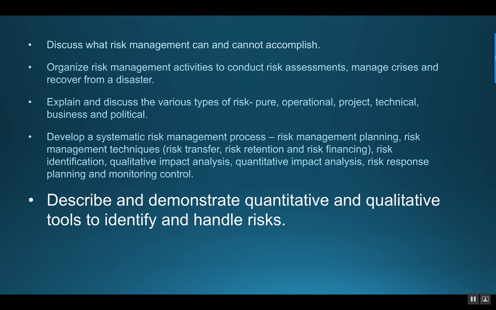One of our last core goals is to describe and demonstrate quantitative and qualitative tools that will help us identify and prepare for risks. Some of the qualitative approaches include brainstorming as an organization, meeting with various leaders, and talking about identifying the different risks that could impact the organization. Once you identify a risk, you need to describe it and put it in a risk registry.